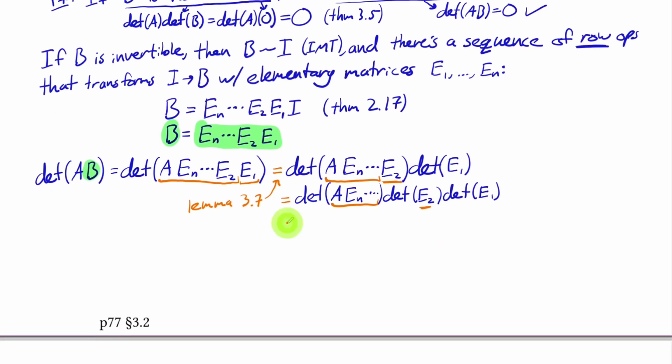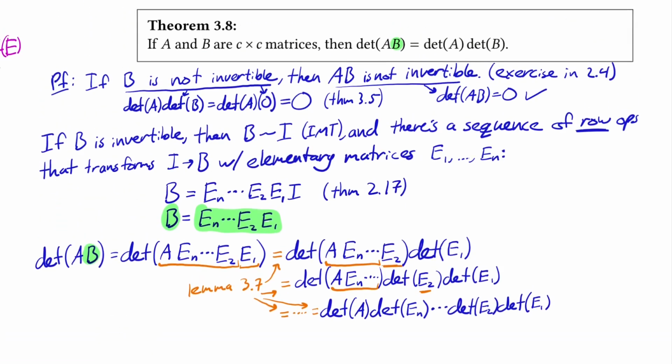And we can repeat this process using Lemma 3.7 a bunch of times until we have all of these elementary matrices in their own determinants, like so. But how does that get us back to the determinant of B?